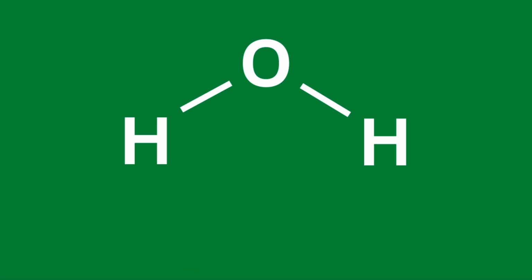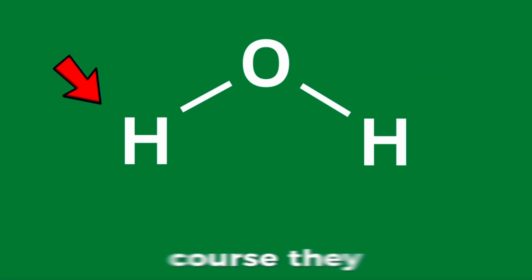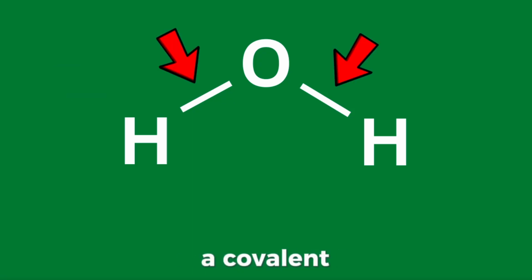So here we've got our boy water, H2O. And this is what our boy looks like. We've got one oxygen atom here, one hydrogen here, and another here. And of course they are all connected with a covalent bond.